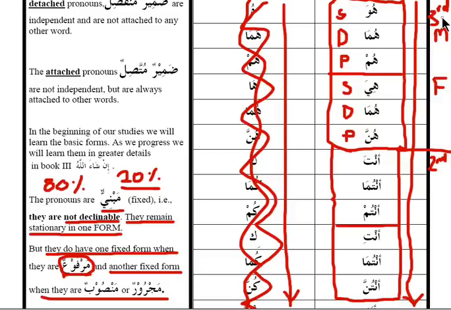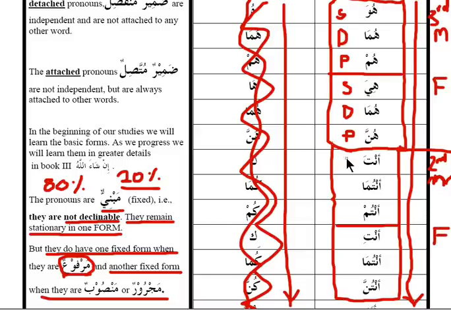Next one, as we said, is the second person, and that's al-mukhatab, which is when you're speaking to somebody. So you're telling a person or the people. And similarly, the first 3 are masculine, and then the next 3 are feminine.